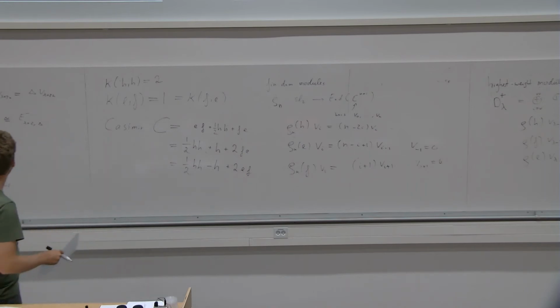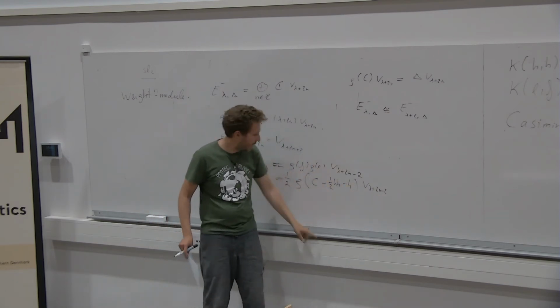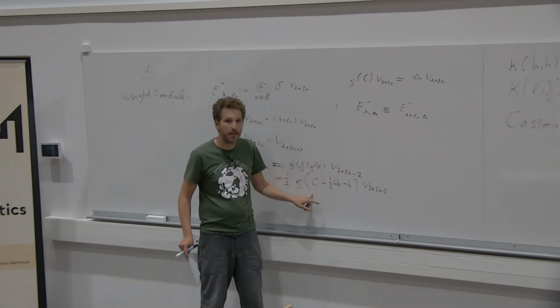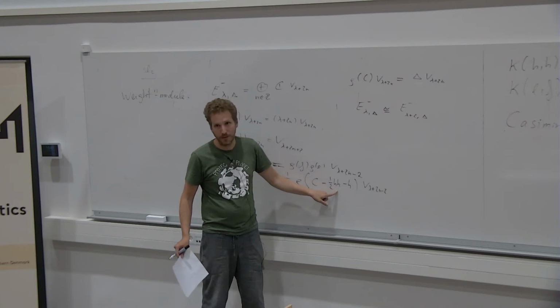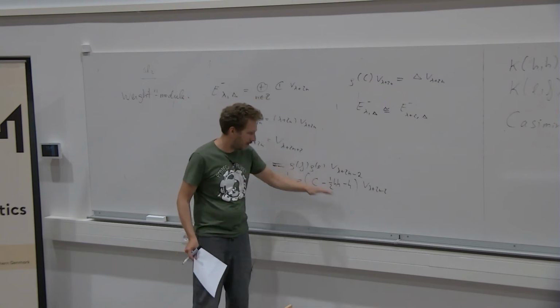Okay, why did I put a minus label here? I didn't treat E and F on an equal footing. I decided one direction doesn't have a coefficient, the other one has one. In particular, the action of F decreases the label by 2 times a scalar, and the scalar is a polynomial in the weight label. Well, a polynomial can have a root, and whenever this has a root, I get a 0.